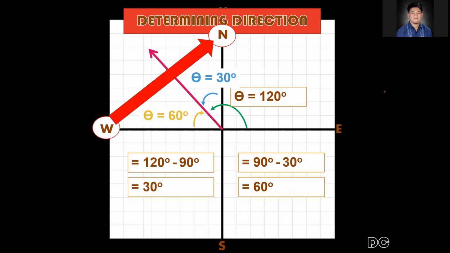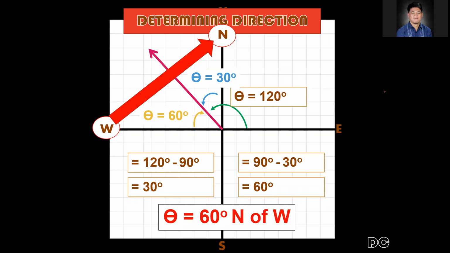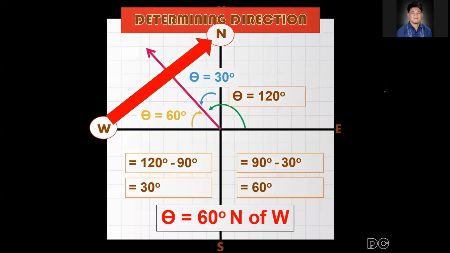And to complete our answer, it is now equal to 60 degree north of west. So that is how to determine a direction of a certain vector.